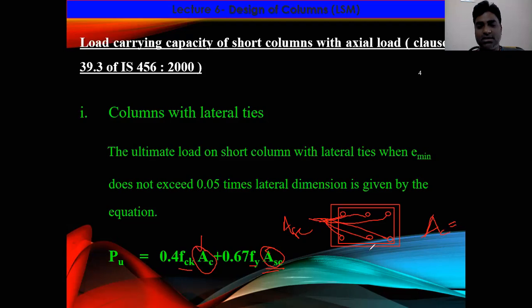If it is a rectangle, let us say this is B and this is A, then A into B is the total area of this rectangle. That is called the gross area, Ag. The gross area of this rectangular column minus the area of steel. If you subtract this, the remaining is nothing but only concrete.